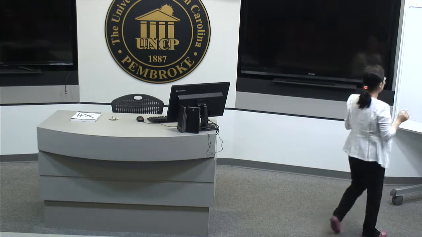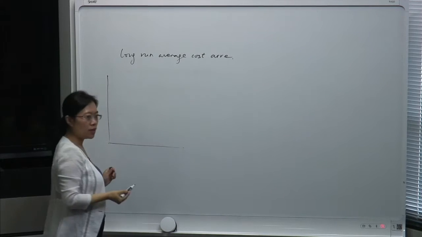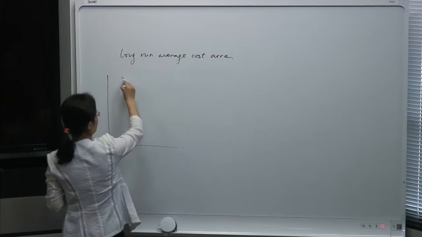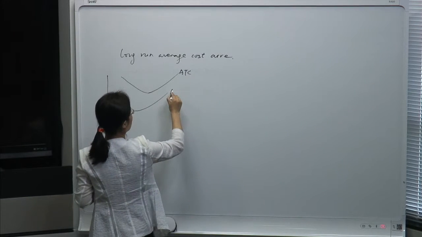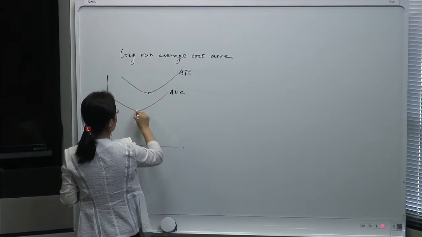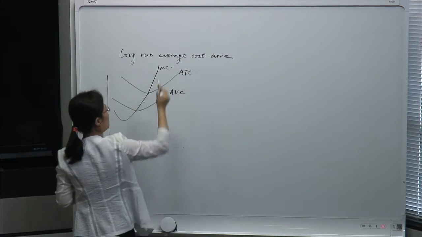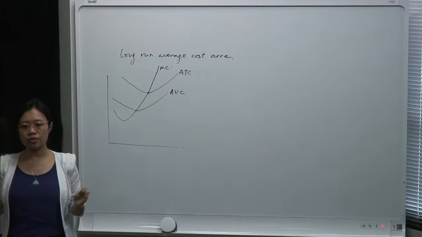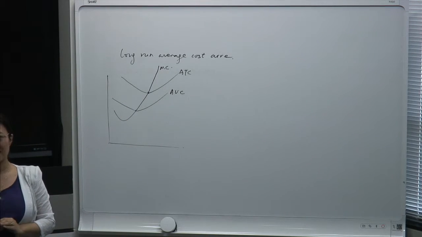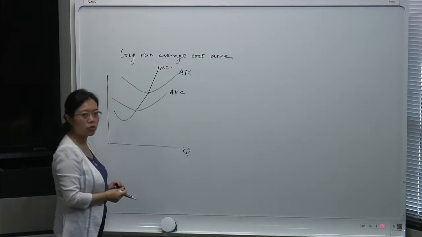Remember, when we analyze behavior in the short run, I will have this ATC, and this is the marginal cost, okay? And the average cost curve here represents average cost per unit, okay? That's the meaning, when you're given the output level.